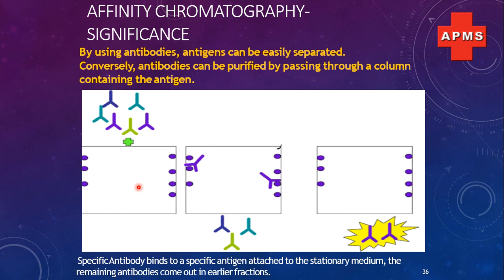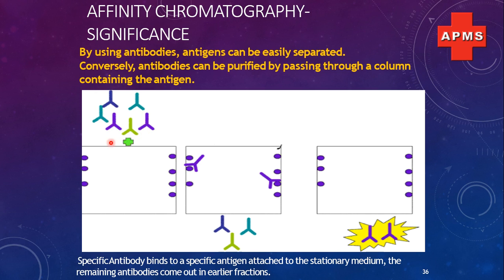So this is the diagram of affinity chromatography. By using antibodies, antigens can be easily separated. Conversely, antibodies can be purified by passing through a column containing the antigen. Suppose in the column the stationary phase contains a specific antigen, and we have a mixture of various antibodies.